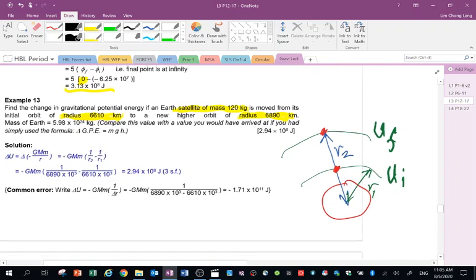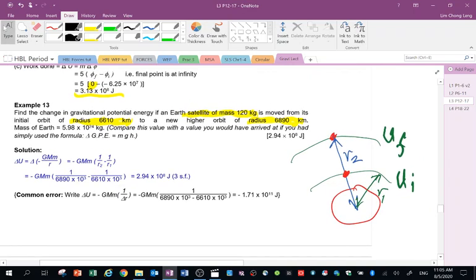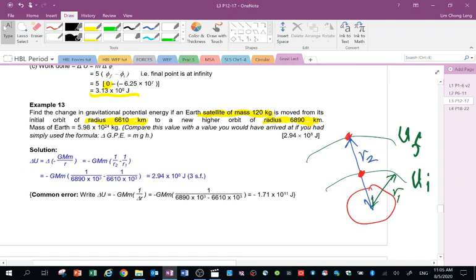So you are actually moving it from a low orbit to a high orbit. So you need to have a change in the potential energy. So this is change in GPE. So you substitute the values into the equation.